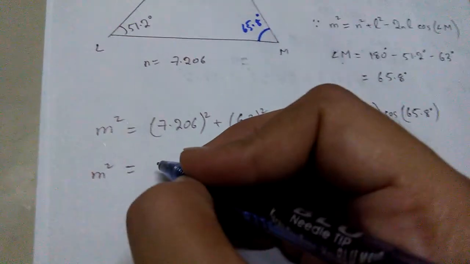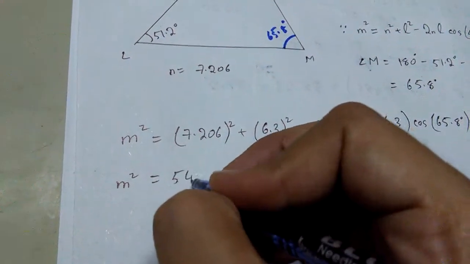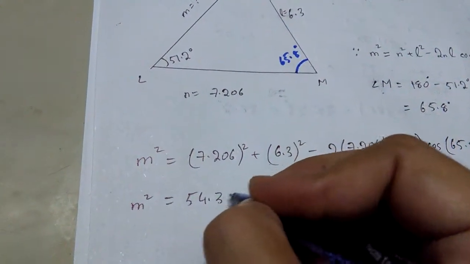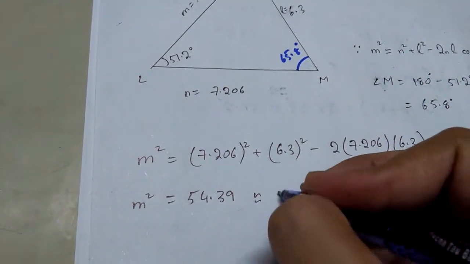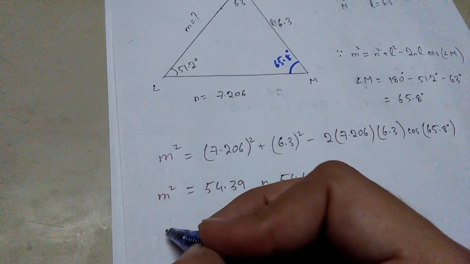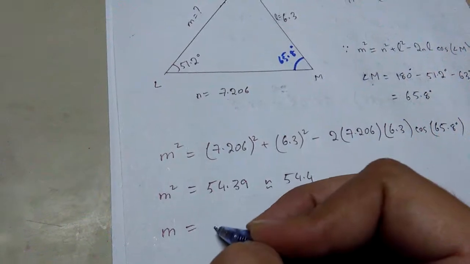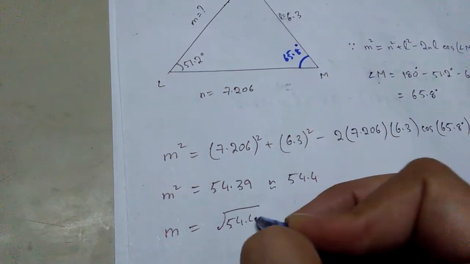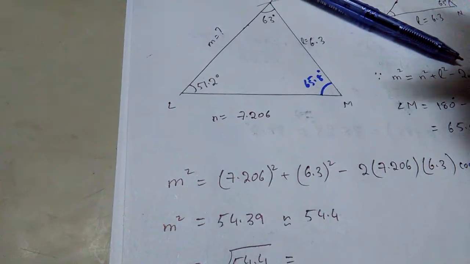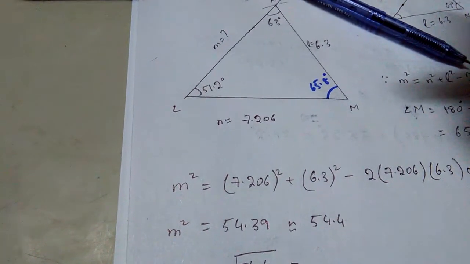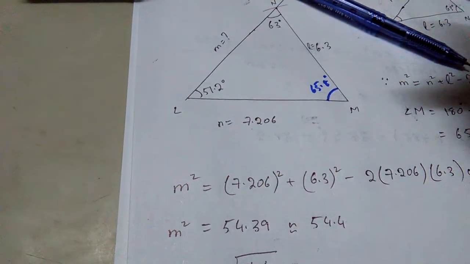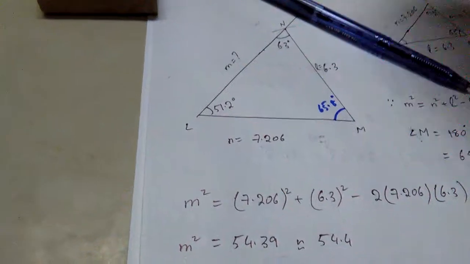After solving all this, we are going to get 54.39 unit squares. Approximately you can write 54.4 unit square. Now you're going to take the square root at both sides. Once you take the square root of this thing, you're going to get the thing that is required here. So the square root of this comes out to be 7.375.